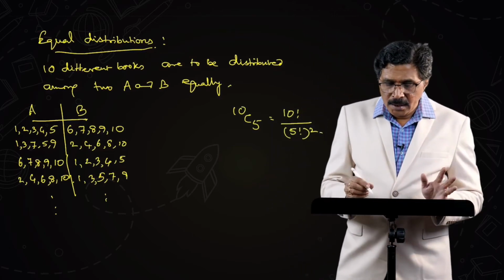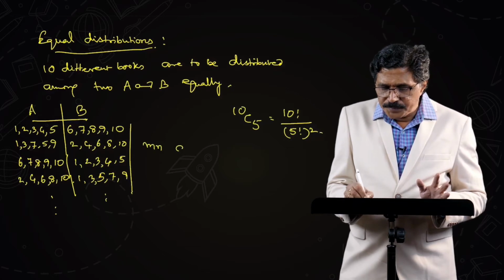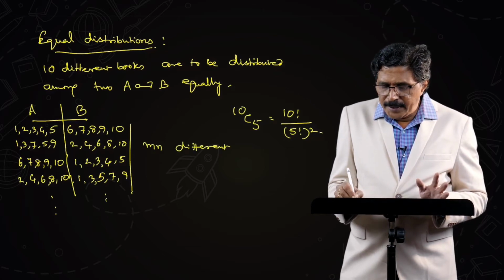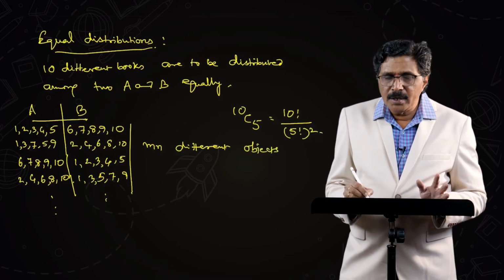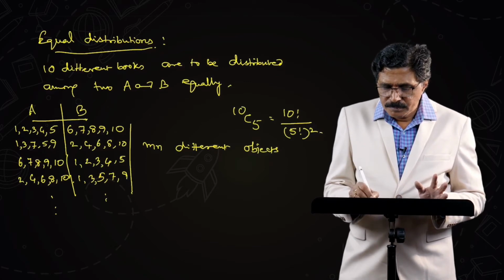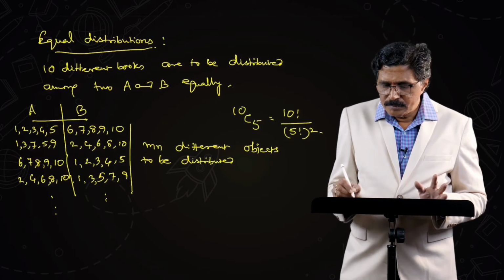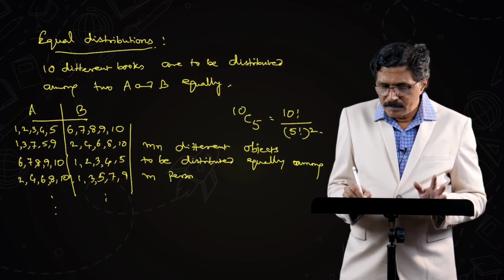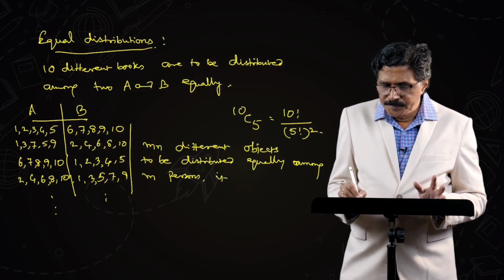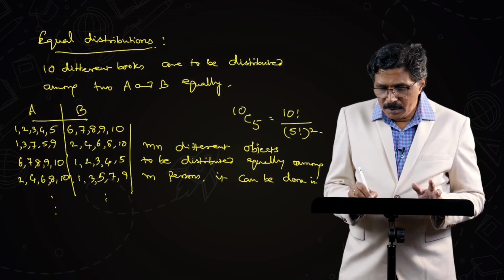So, in general, if we have mn different objects, and if they are to be distributed equally among m persons, it can be done in the following ways.